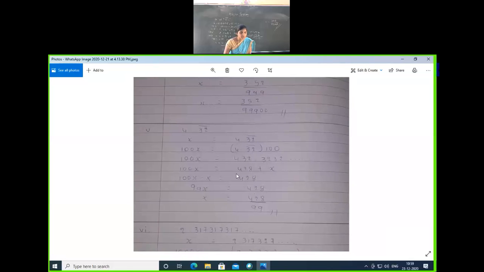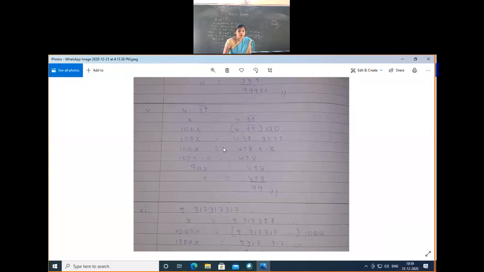So that is the fifth question. See the fifth question: 4.32 bar. So the bar is for 32. Yes, two digits are there in the repeating block. So the first step is: x is equal to 4.32 bar. Then we have to multiply by 100 because the repeating block contains two digits, no? So 100x is equal to 4.32 bar into 100.